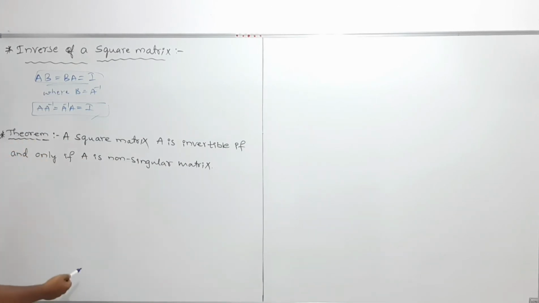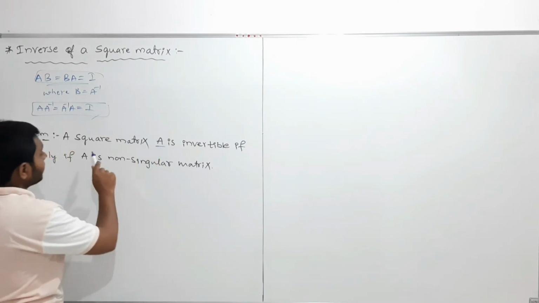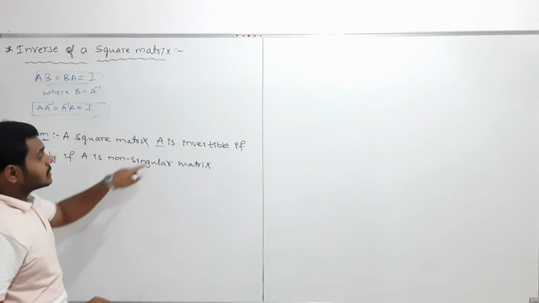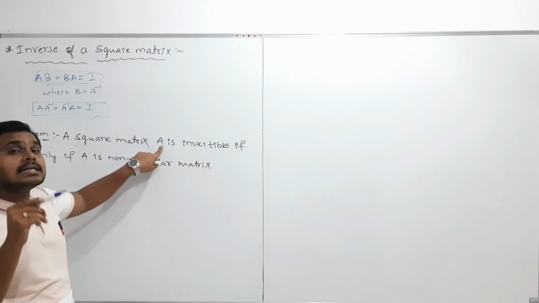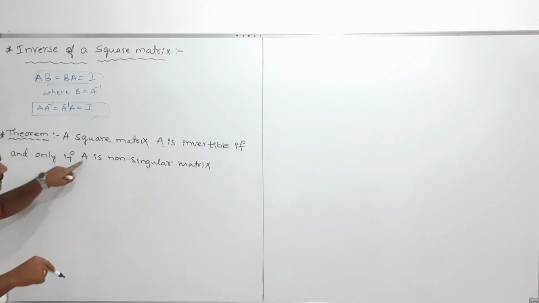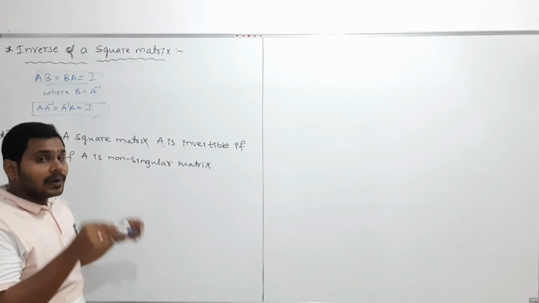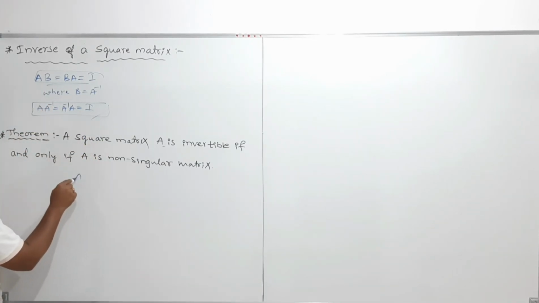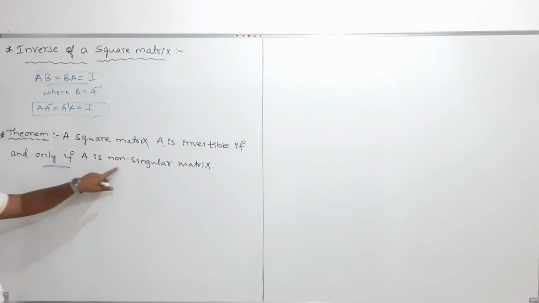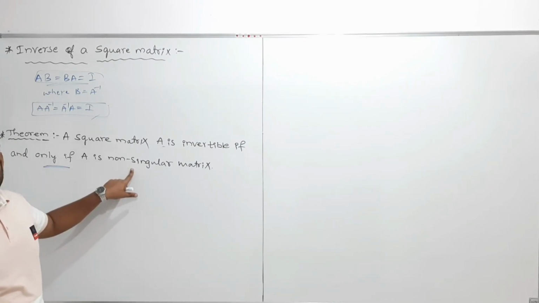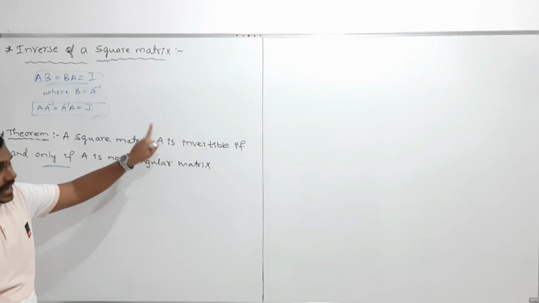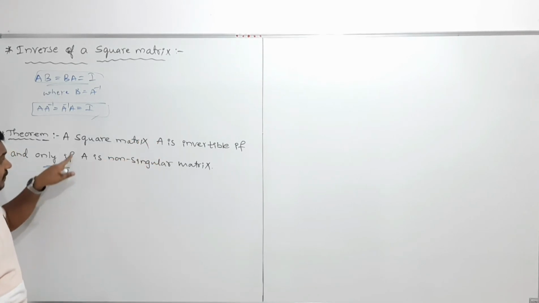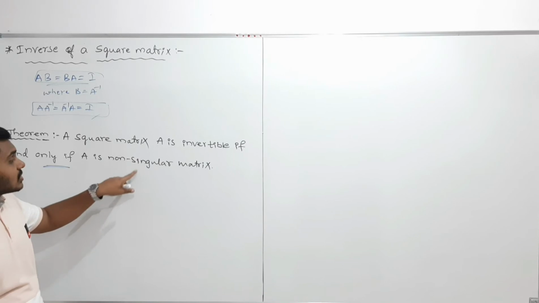It means, my dear students, that whenever A is invertible, I mean if there exists an inverse, then in such a case the determinant of A is not equal to 0. Clear? So A inverse exists if and only if A is non-singular. Non-singular means what?